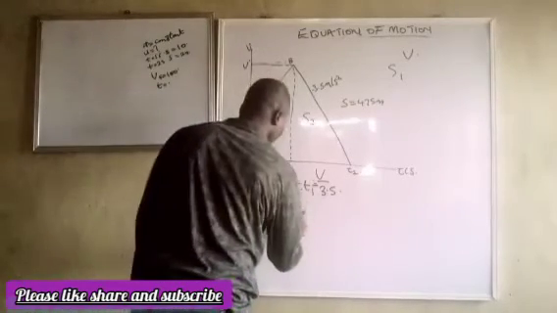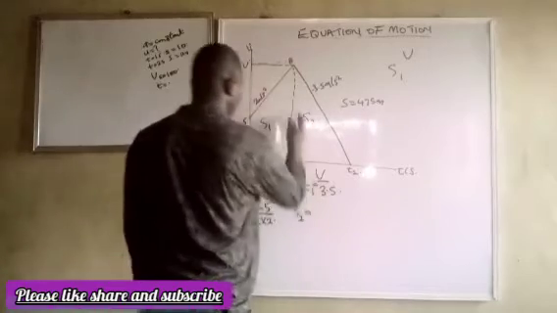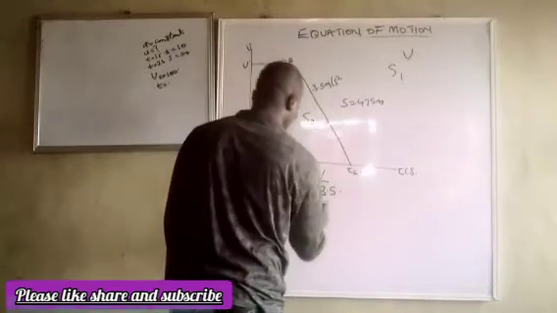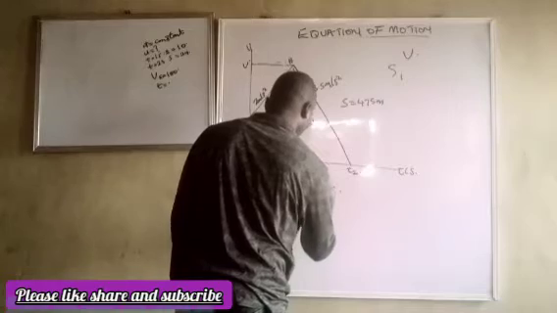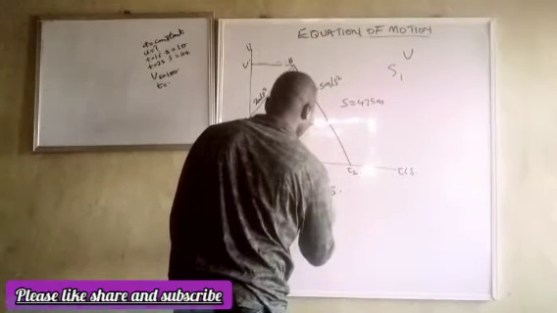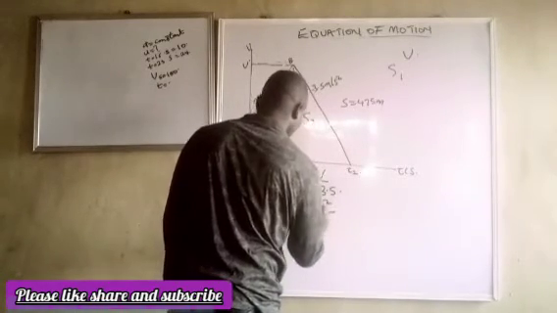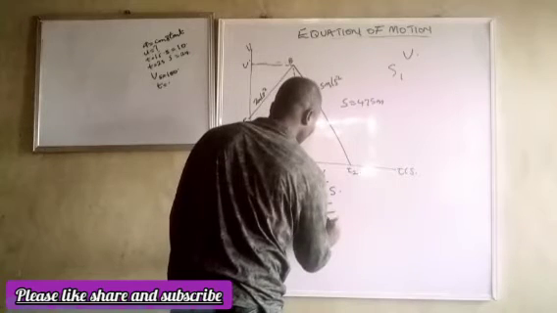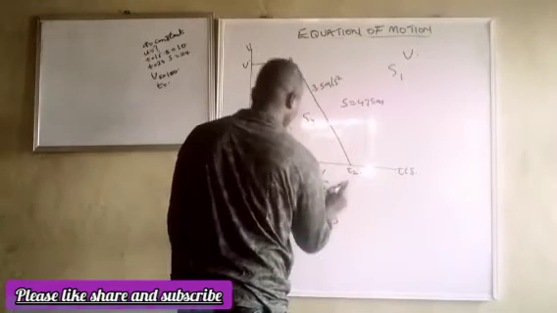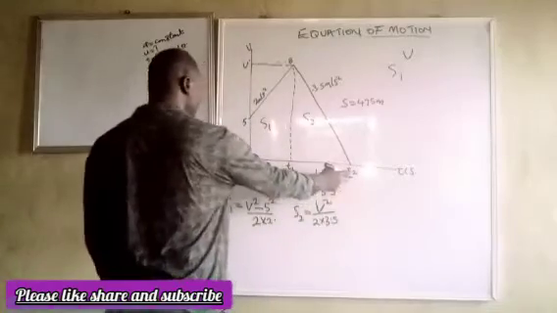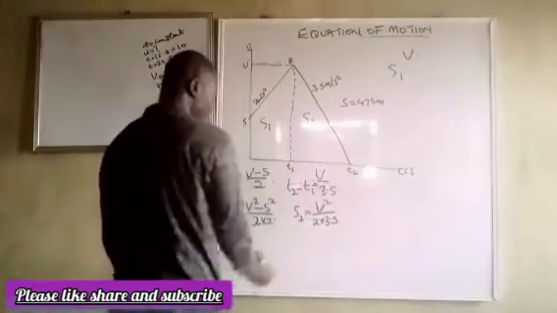S2 will be equal to V squared over 2 times 3.5, because this one is 0. The velocity here is 0.